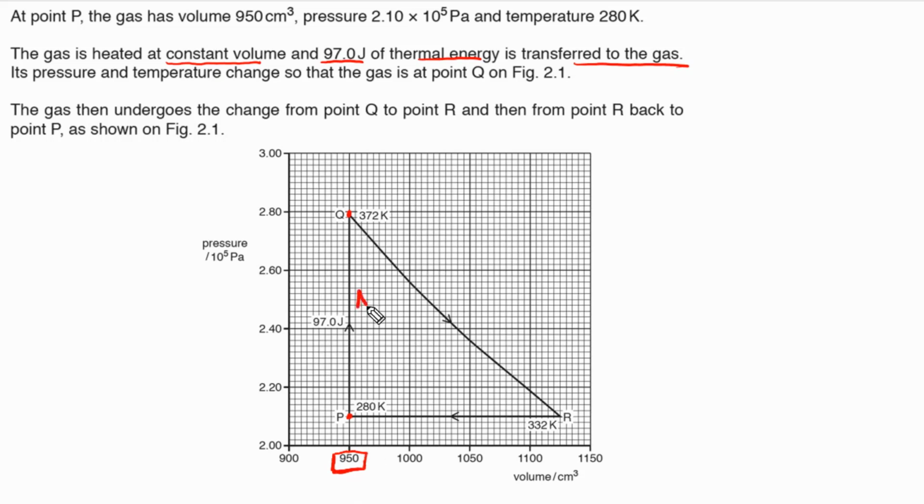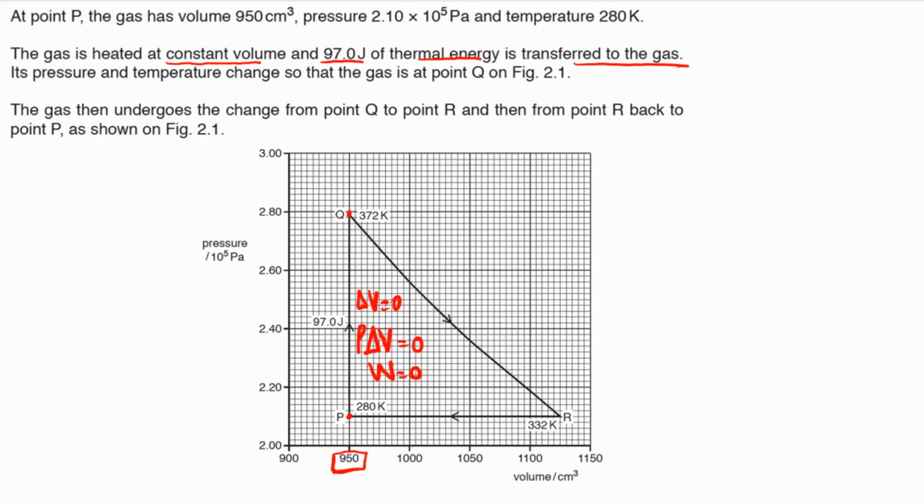So here there is no change in volume. We can also say there is no work done on the gas or by the gas, because work done is equal to P times delta V. So there is no work done. This is a very important point.